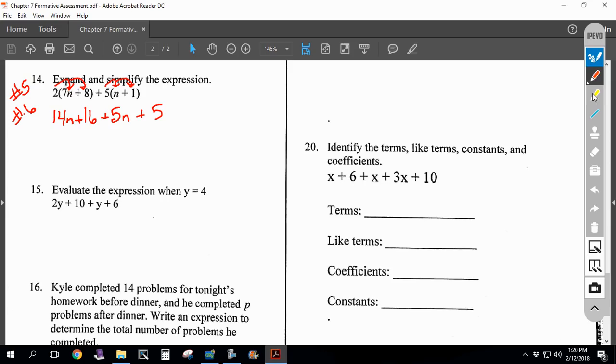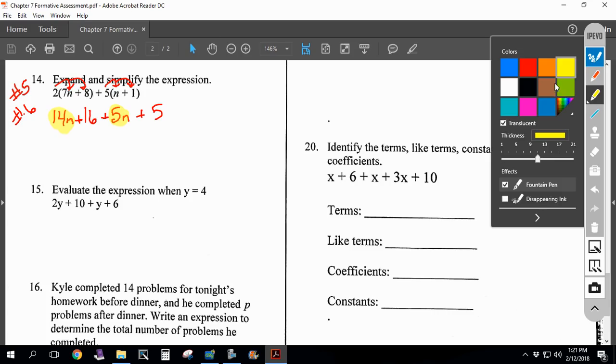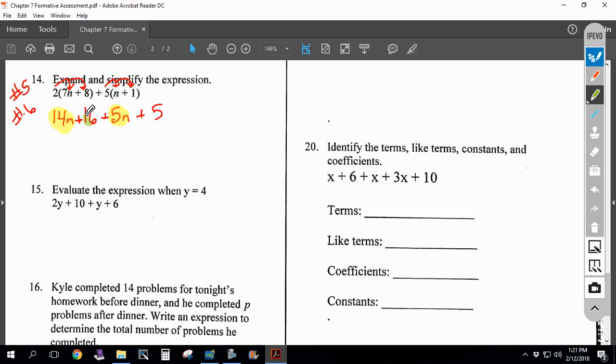Now we're ready to combine the like terms. I used m's an awful lot, so we'll call them something else. They're n's. We'll call them nachos. I have 14 nachos here. I have 5 nachos here. I can take those nachos and put them together. And then we know that constants can always be put together because they're just numbers all by themselves.